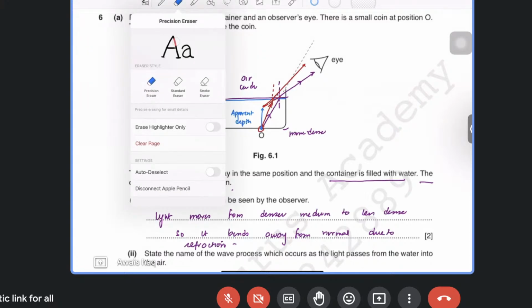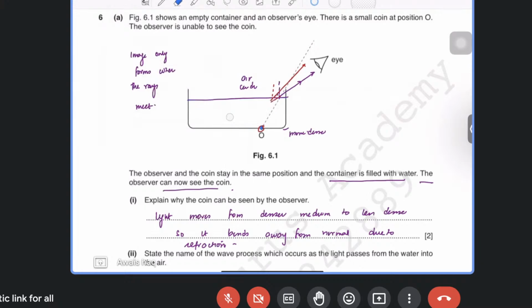Originally, it's empty, right? So the rays are going straight like this. So the eye cannot see. Do you understand?